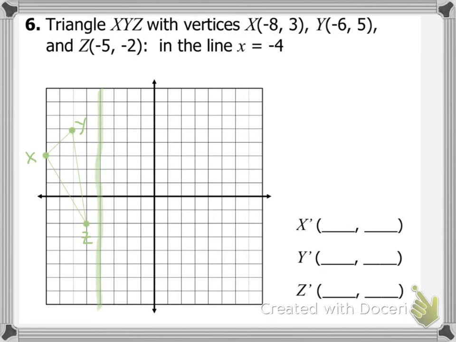So my Y is going to be 2 units away here. My X is going to be 4 units away. And my Z is going to be 1 unit. Okay. So this is your Y prime, your X prime, and your Z prime.